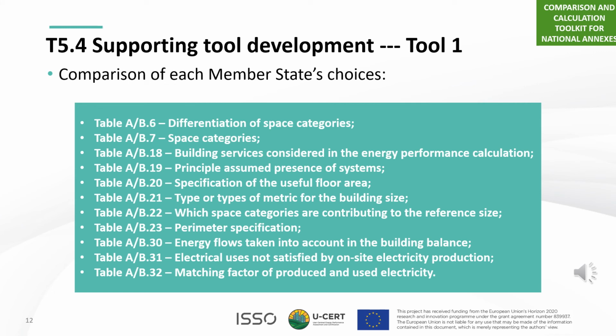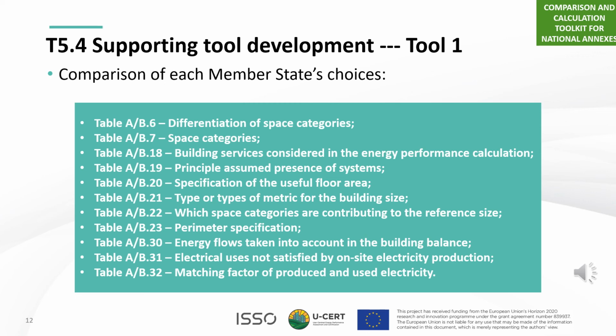Now let us examine the cross-comparison of member states' choices made on these reported tables that are not covered by the simplified spreadsheets previously seen and that have always been selected as important factors for the calculated energy performance in U-CERT task 3.1, and that always belong to the standard EN ISO 52000-1.